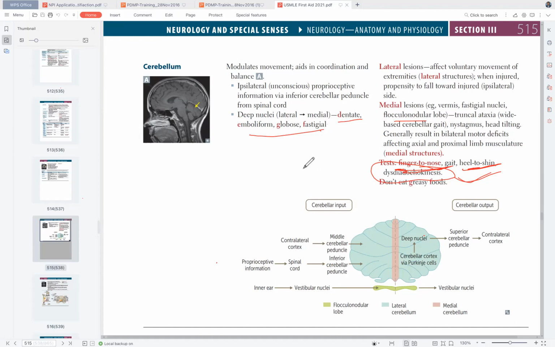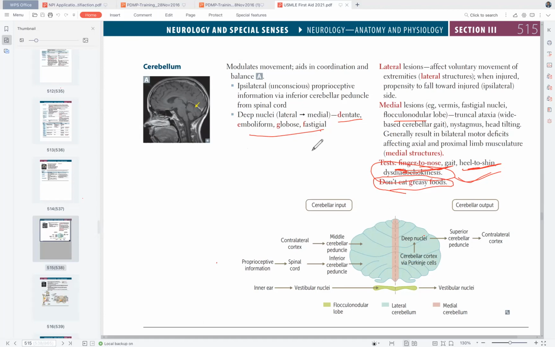There's a mnemonic that they used to say: Don't eat greasy foods. That is how to remember which is deepest, from lateral to medial: don't eat greasy food.